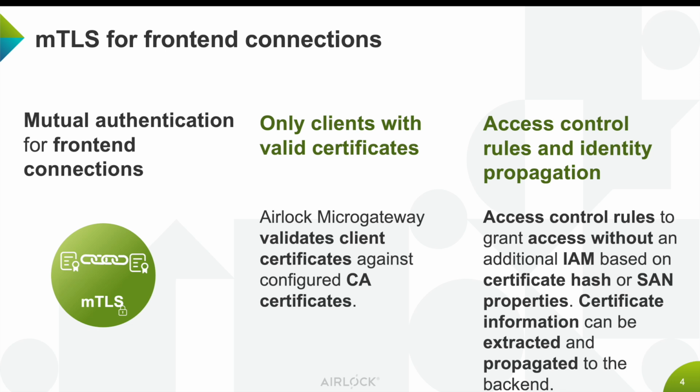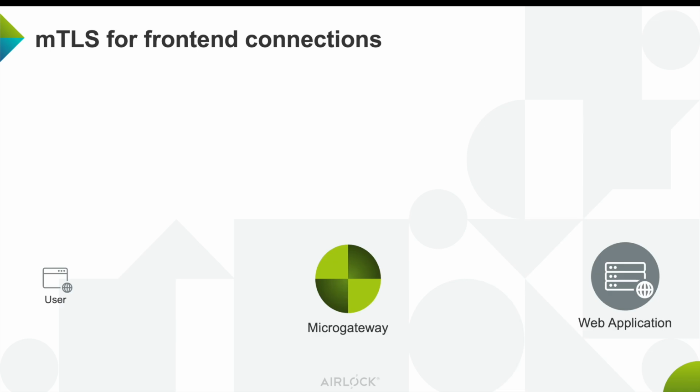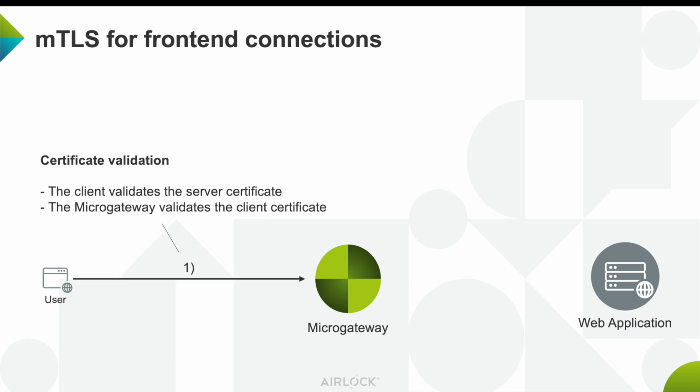This can be accomplished without an additional IAM, which simplifies this use case tremendously. The client certificate information can be extracted and propagated as a header to the backend service to achieve a single sign-on experience for the user. The following slide helps to illustrate the different front-end mTLS features.